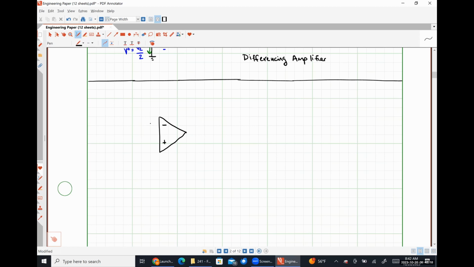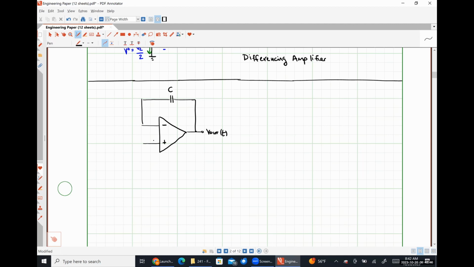So I'm going to start with this one here. I'm going to put a capacitor in my feedback loop. Here is my output voltage, and I'm going to explicitly mention that this is a voltage that's varying in time.